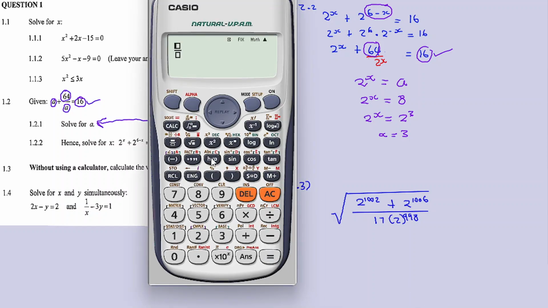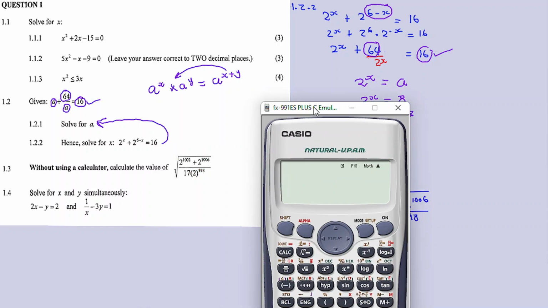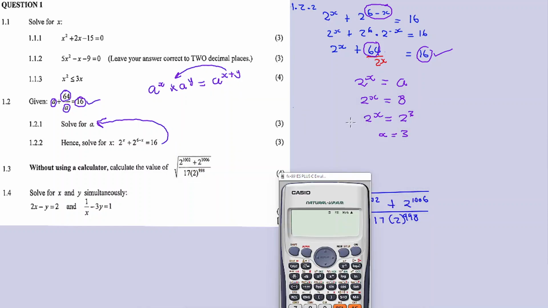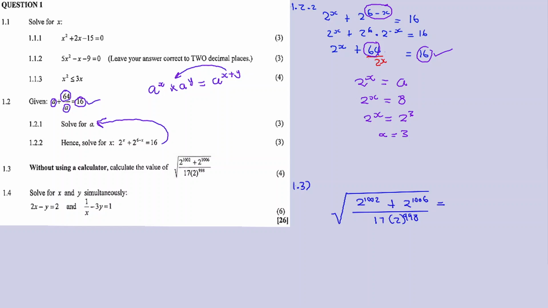If I try to use a calculator for this question, I get an error answer: 1002 plus 1006 divided by 17 times 2 raised to exponent 998. So your calculator cannot handle powers this big. That is why they say simplify without using a calculator. Even if you try to use the calculator, you will not get the answer, so you cannot cheat, instead you must calculate it.